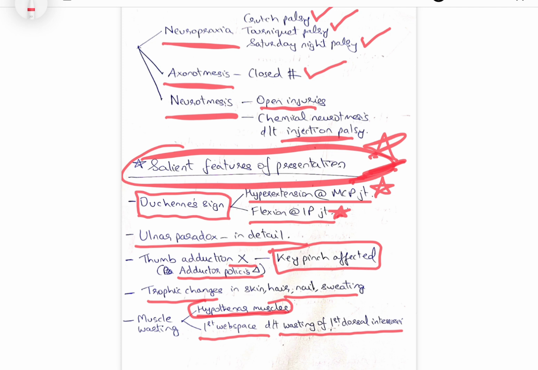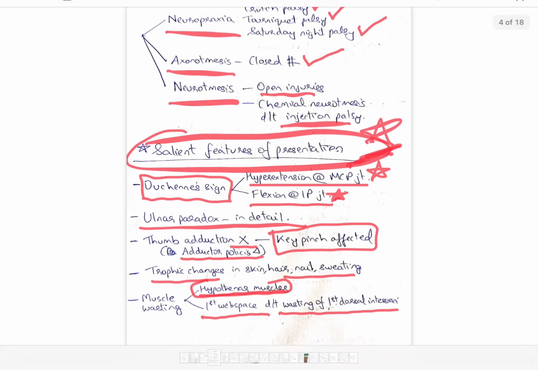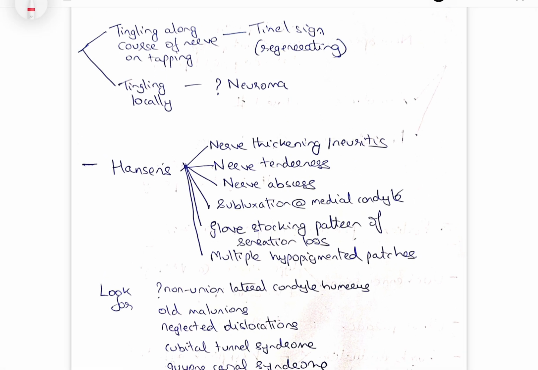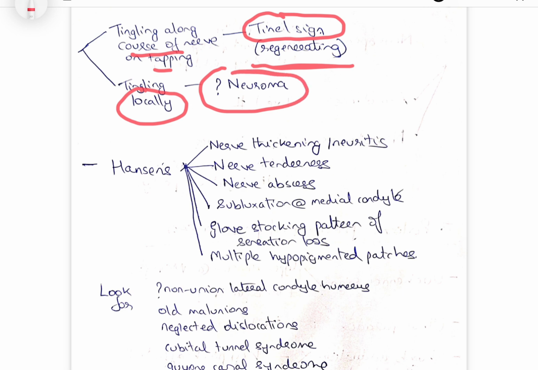These spaces show classical wasting in the case of ulnar claw hand. Additionally, some salient features. Whenever you tap along the course of the nerve and the tingling is along the course of the nerve, it is called the Tinel sign. As you all know, it indicates that the nerve is regenerating. But if on tapping the tingling is local at the site of tapping, it could be a neuroma.